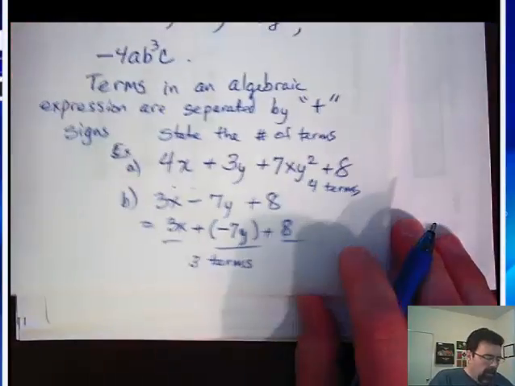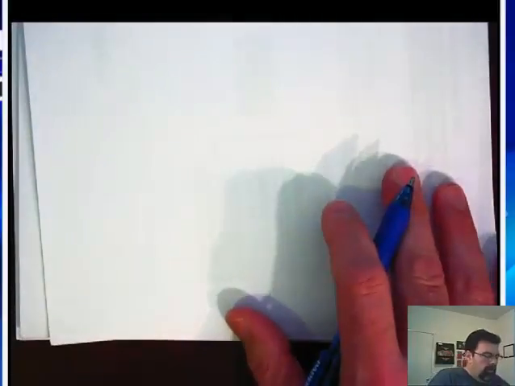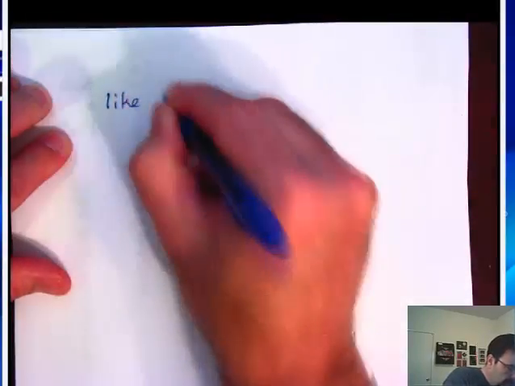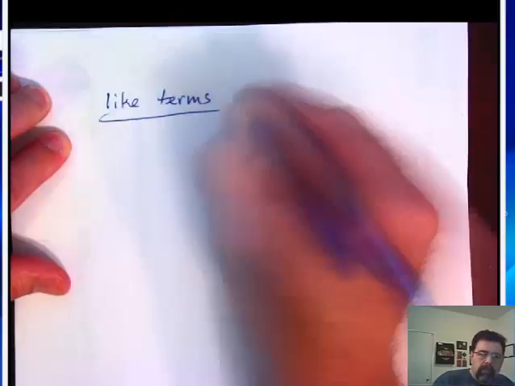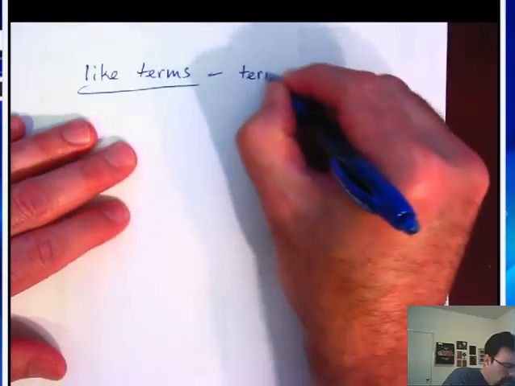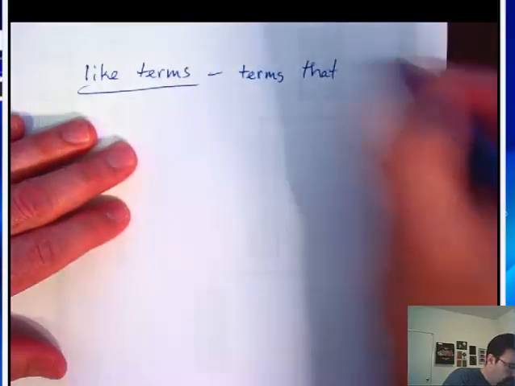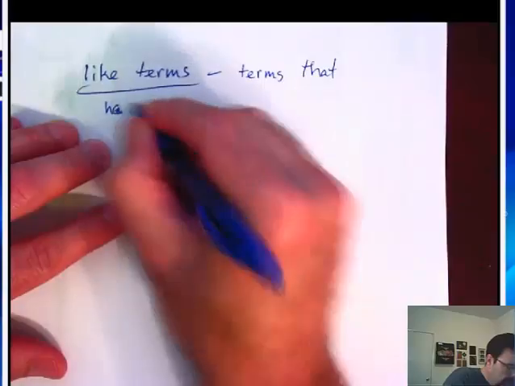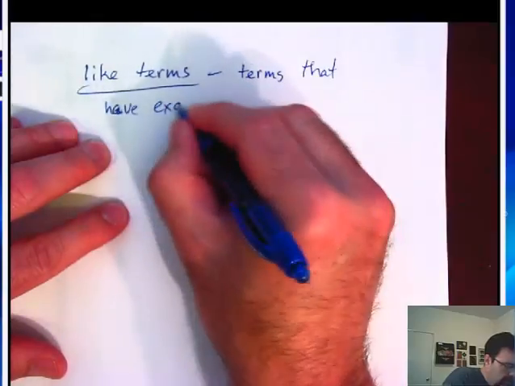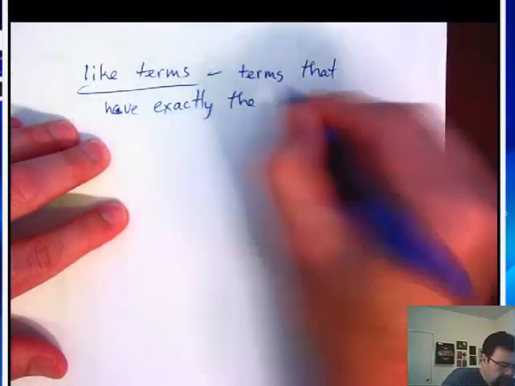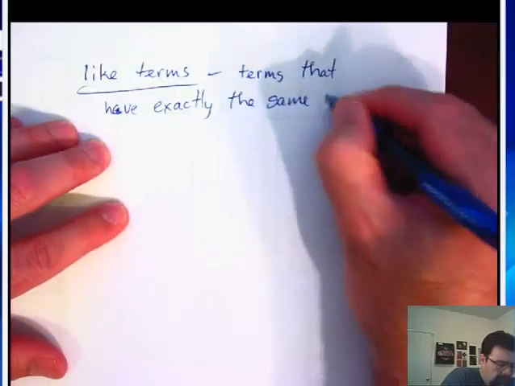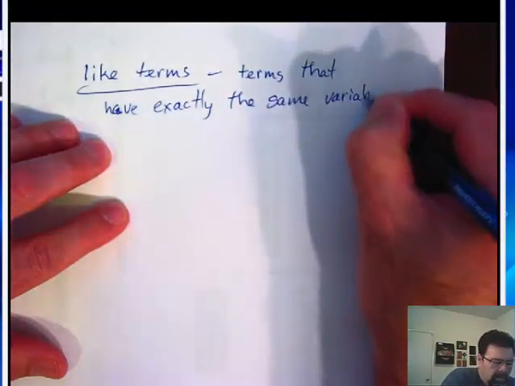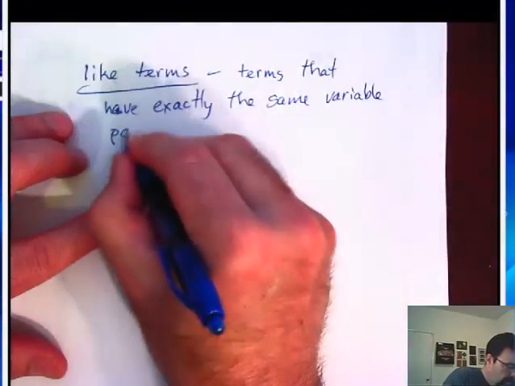Okay. Now combining like terms. Well, those are terms. What are like terms? Like terms are terms that have exactly the same variable part. That's the way I think of it. What do I mean by that?